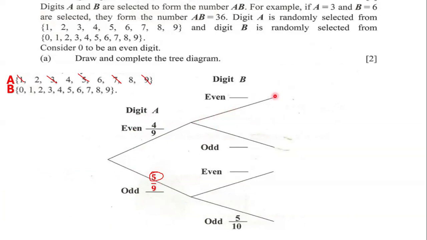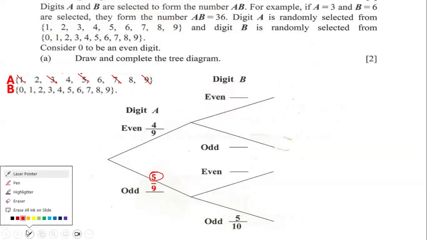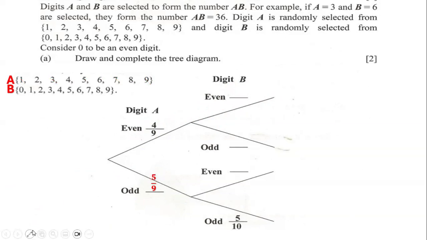So the question is, okay, I want digit B rather, to be an even number. I'm sorry. Here we're focusing on digit B. So we ask ourselves, okay, what's the probability of digit B being an even number?